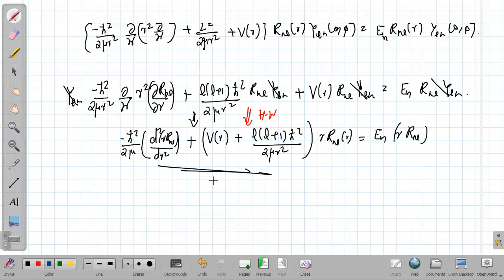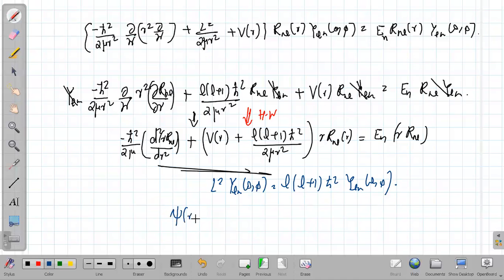And what about the angular part? L square acting on Y_lm theta phi gives L into L plus 1 h cross square Y_lm theta phi. Now it is possible to write any such wave function, psi of r theta phi, in the form of R_nL of r Y_lm theta phi.